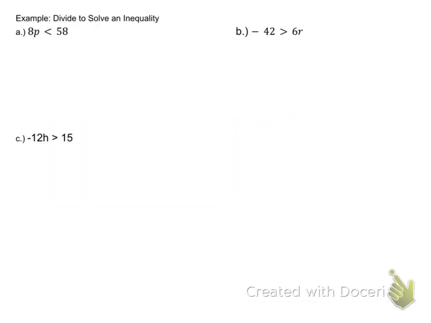Okay, so the last three examples. I want you to solve by dividing. Now, when you guys get to your homework, it's not going to say solve by dividing, solve by multiplying. You need to recognize. Okay? So, A, 8p is less than 58.